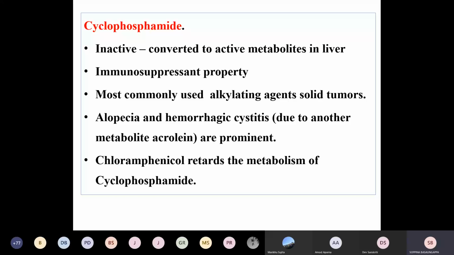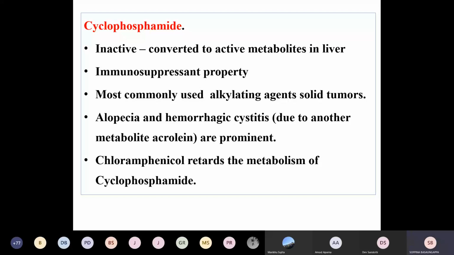It suppresses immunity. Cyclophosphamide is used mainly in solid tumors. Alopecia and hemorrhagic cystitis are very prominent, and you have already known that by giving mesna, you are preventing cystitis.